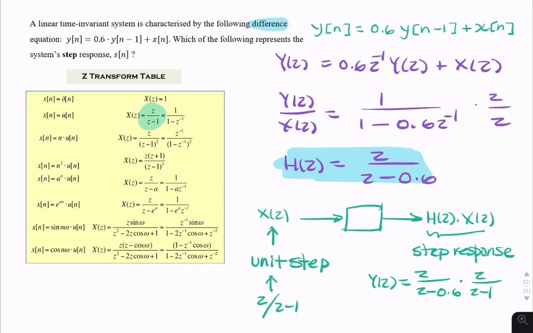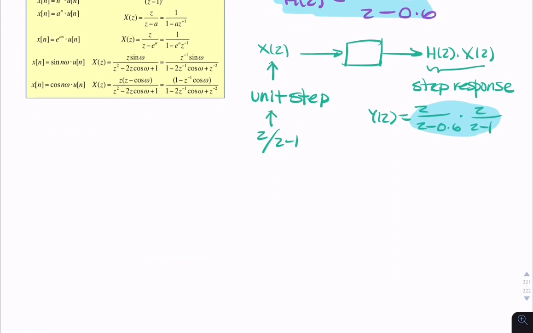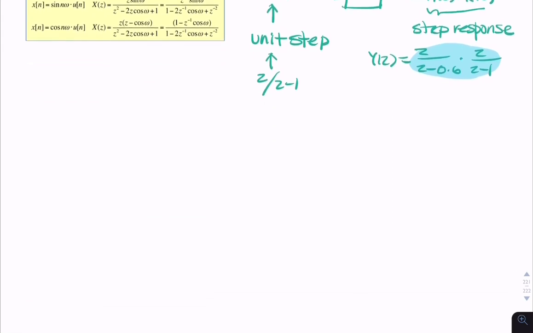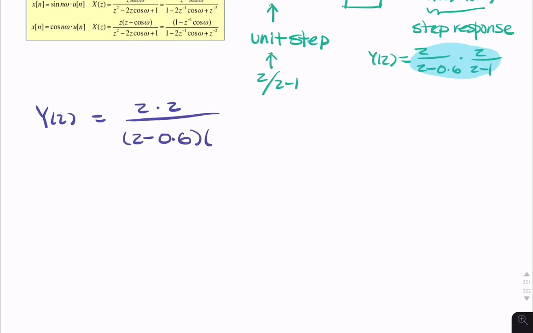So this is my step response in the z domain. We need to convert that to the time domain by finding the inverse z transform. So let me write that out more neatly: Y(z) equals z times z over (z minus 0.6)(z minus 1).